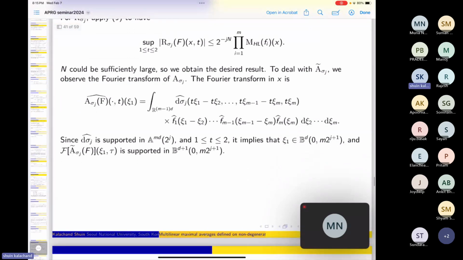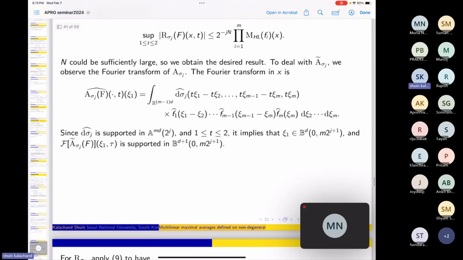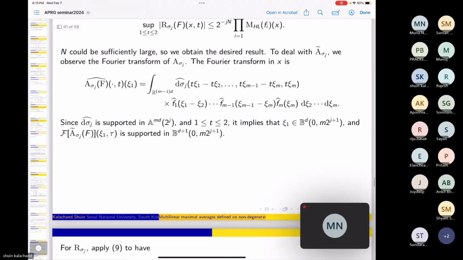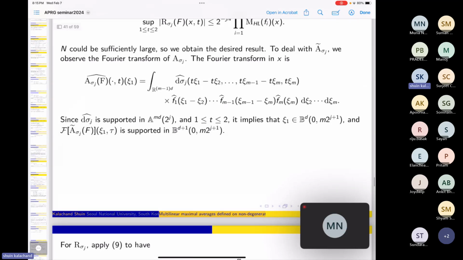Now to deal with A sigma j tilde, we first look at the Fourier transform in x of A sigma j, which is nothing but this. Then look at d sigma j hat. We know that the support of d sigma j hat is contained in this annulus of radius 2 to the power j, and t is between 1 and 2. So this implies that xi 1 belongs to the ball of radius m times 2 to the power j plus 1.